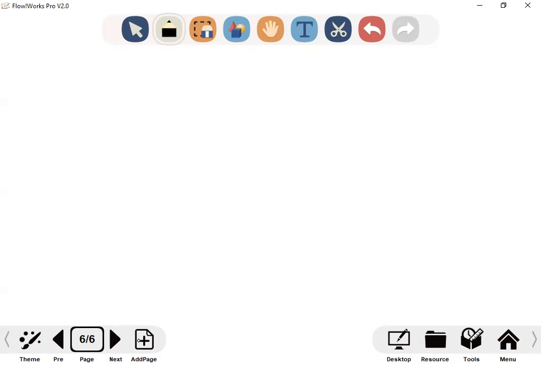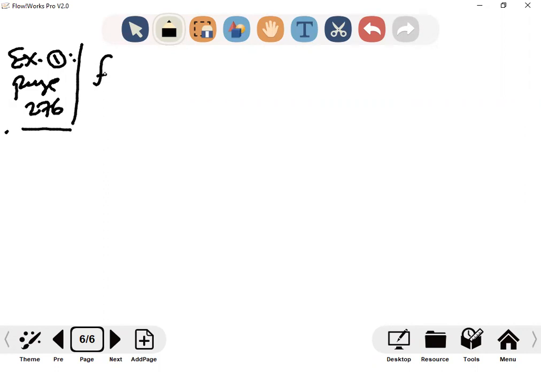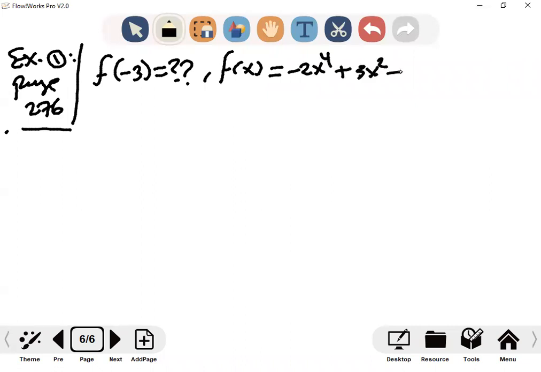So we are in example 1, page 276. In example 1, use synthetic substitution to find f of -3. We want to find f of -3, and the function f of x is given: -2x power 4 plus 3x power 2 minus 15x plus 9.